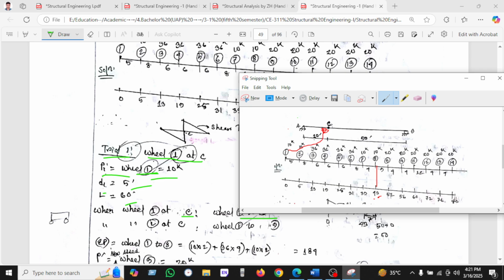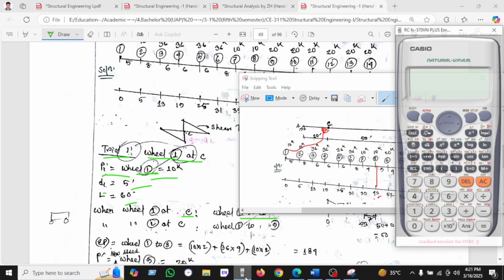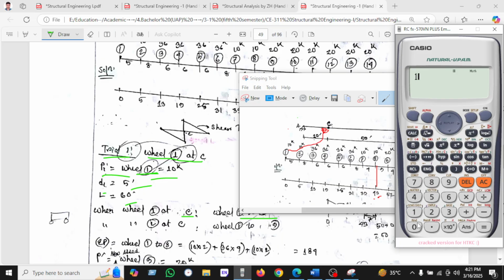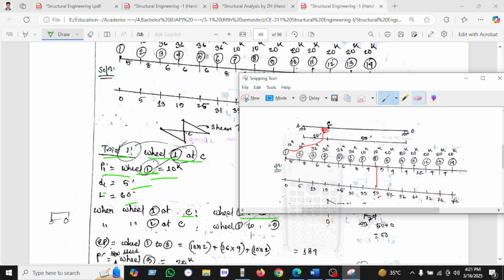So how much value will be here? The actual value will be 10 plus 43. It will be 53. So the value will be 53.